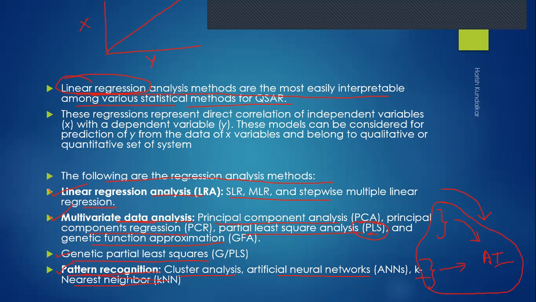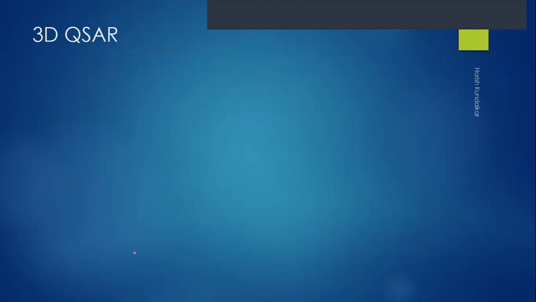So getting back to QSAR, linear regression analysis is most widely used in QSAR, but other types of regression analysis can also be used. Let us talk a bit about 3D QSAR.